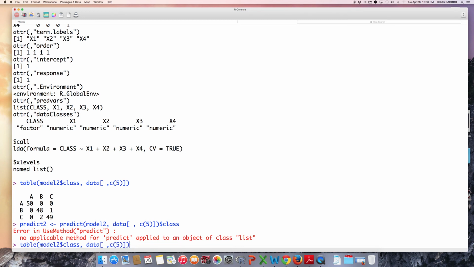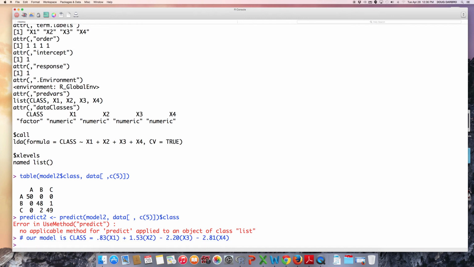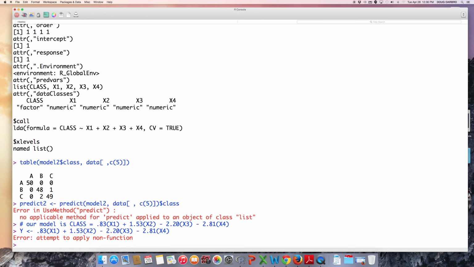I want to go back up and get my scores. Okay, yeah, I want that right there. So let's create our scores, and I'm just going to call these discriminant function y scores. And let's copy this and paste this right here. Let's not do that.